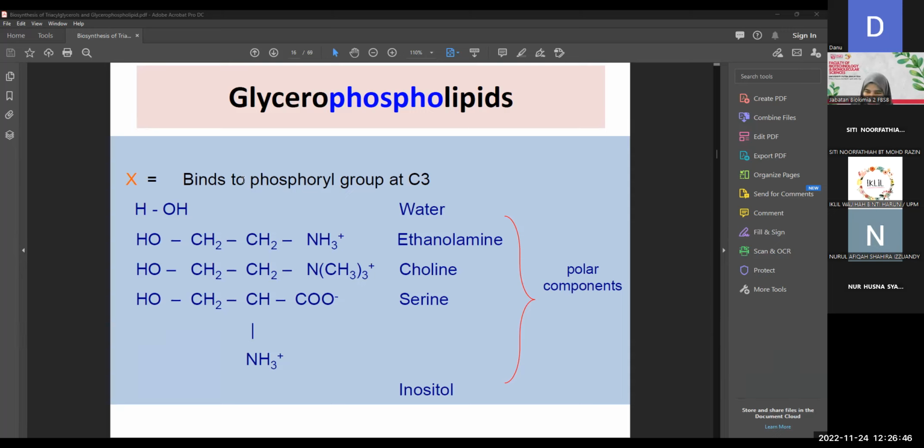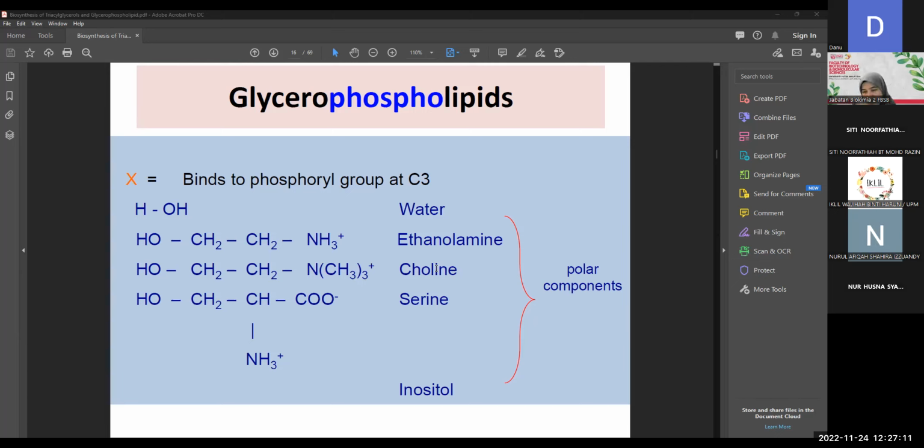How do you differentiate the structures of ethanolamine, choline, serine, and inositol? Among all these polar components, which one is an amino acid?